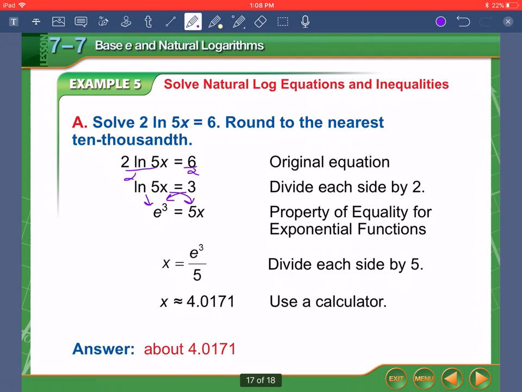Now in the calculator, you can put e to the 3rd power, which is 20.086, and it keeps on going on and on and on. And then divide that by 5 in the calculator, and that's where we get 4.0171.